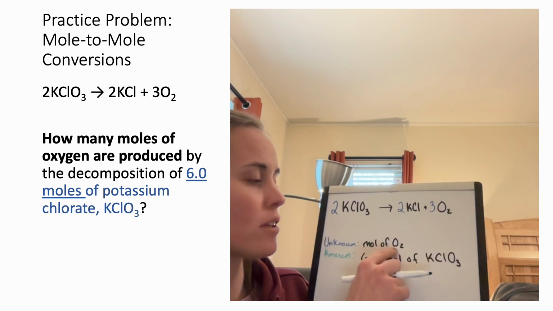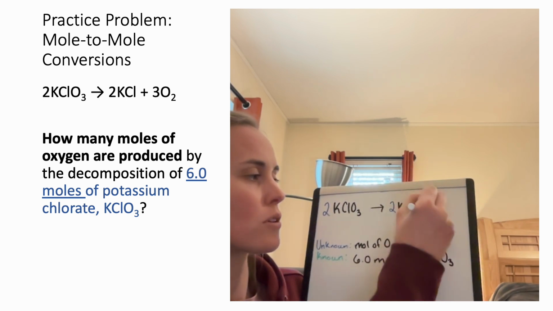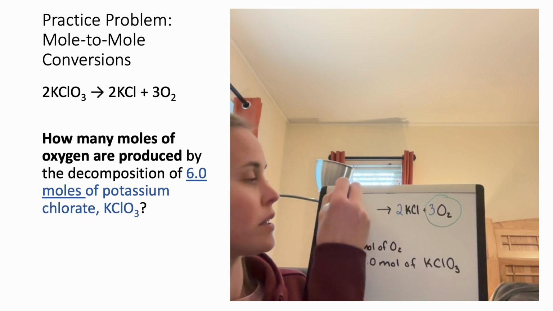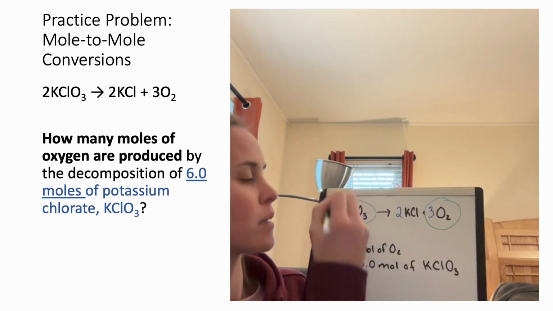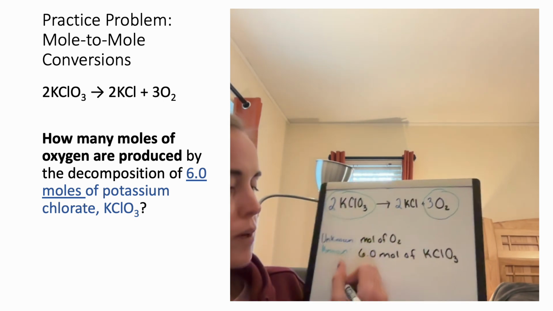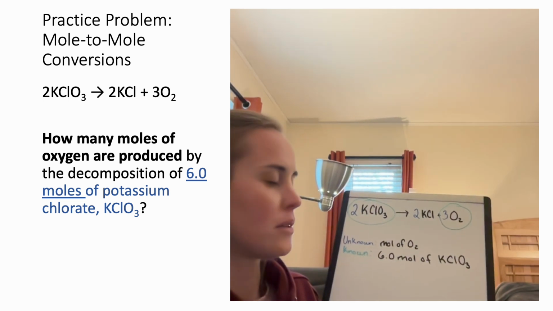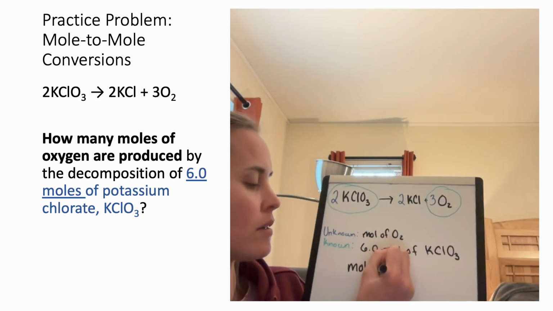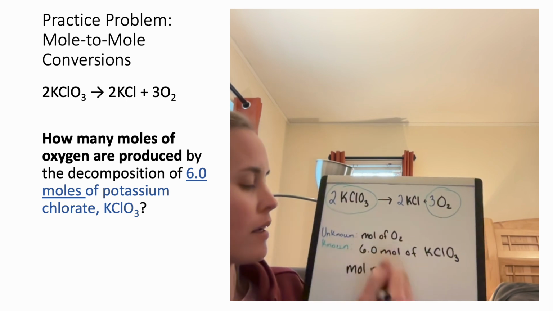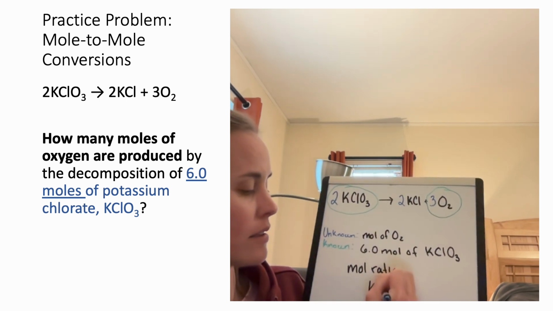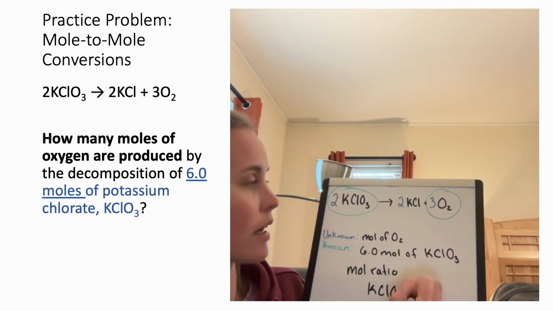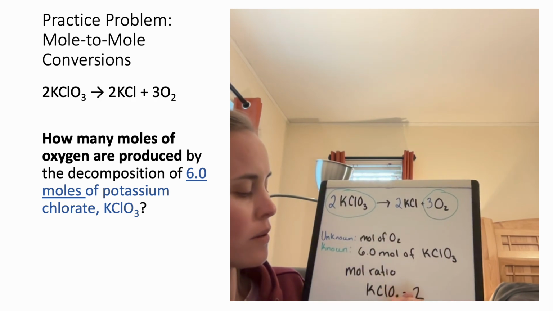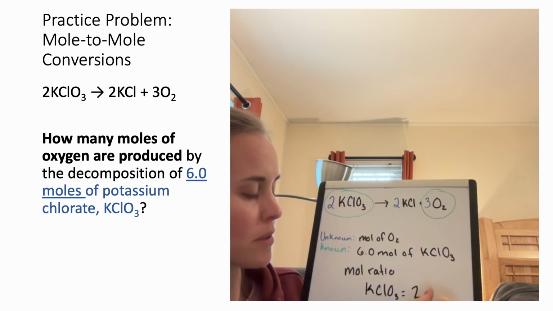We're specifically looking at O2, so we can circle that, and potassium chlorate, we can circle this guy. So what is our mole ratio? Use a different color. We know that KClO3 is going to have 2 moles present, and O2 in this formula has 3 moles present.